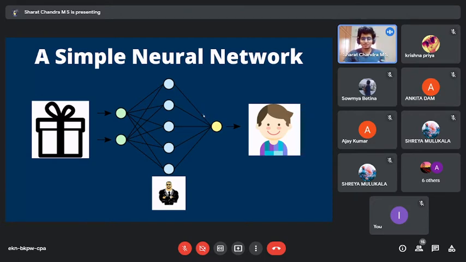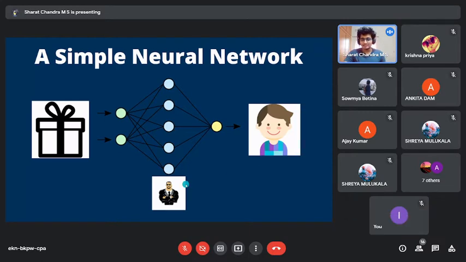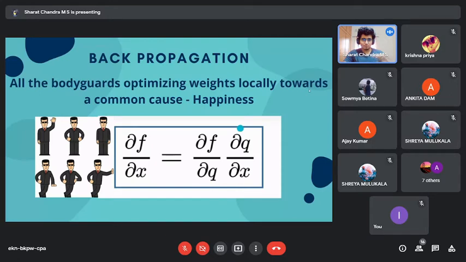That is the goal of all these layers, and this can be visualized as a bodybuilder whose only motto in life is to make this kid happy, no matter what. And what is backpropagation? Backpropagation is the process of learning in the neural network. When the kid is unhappy, the gift box backpropagates.